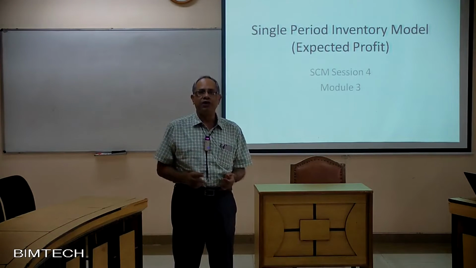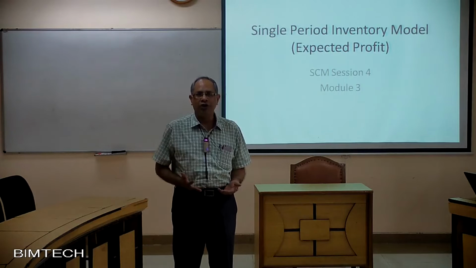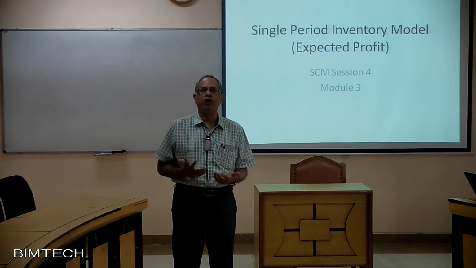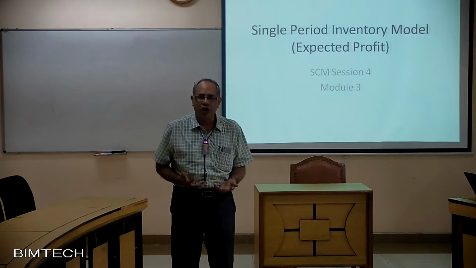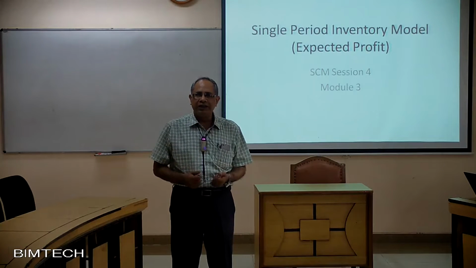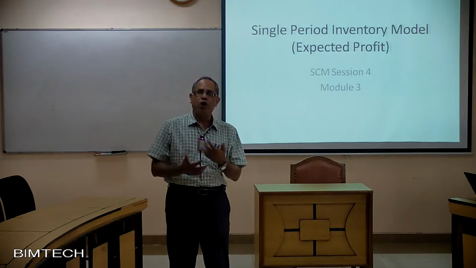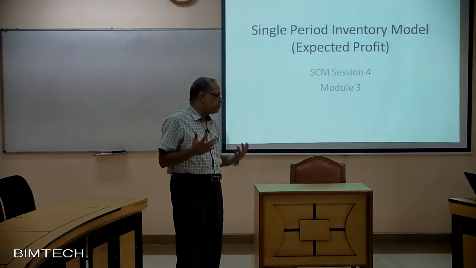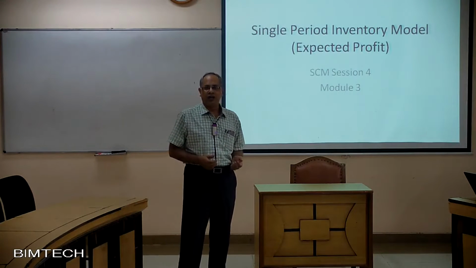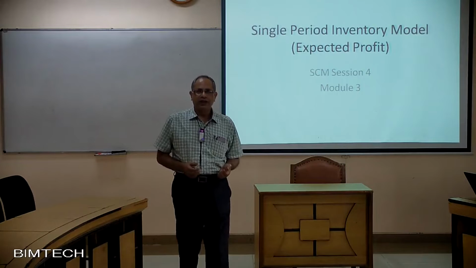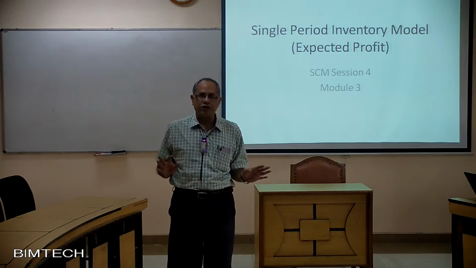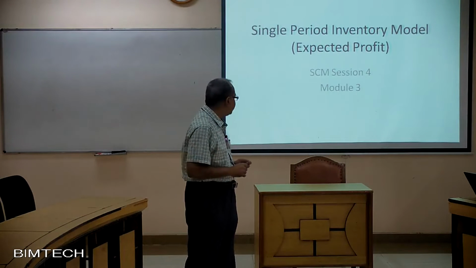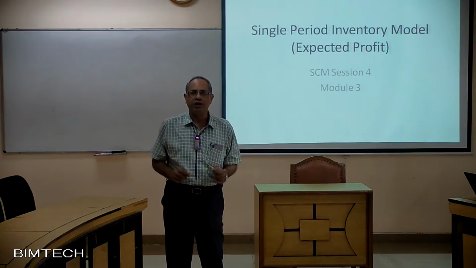Which means that we used the critical ratio computed from the unit shortage and the unit excess costs, and used the normal Z table to get our optimum order quantity Q star. So that was fine, it was a fairly simple method which we used to find our optimal order quantity.